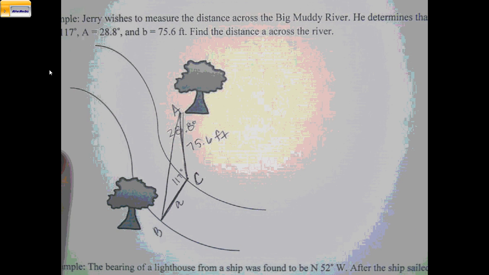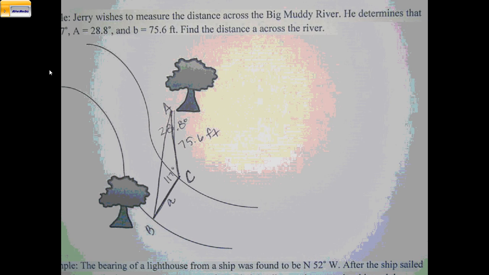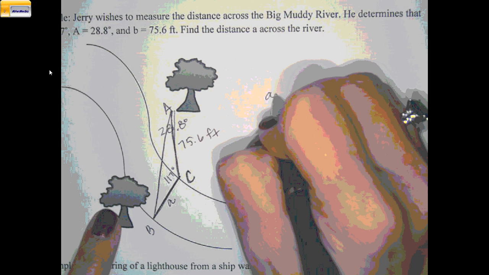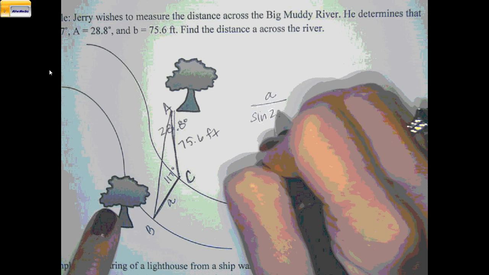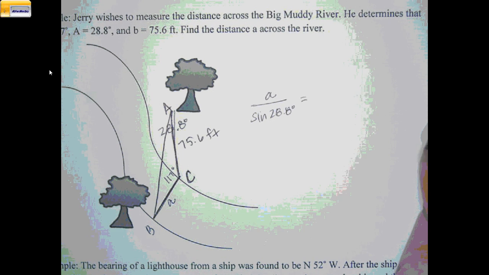So we use our law of sines because it's not a right triangle. You can't do SOHCAHTOA. So A, which we don't know, over sine of angle A, which is 28.8 degrees, equals, do I do B over sine of B or C over sine of C?